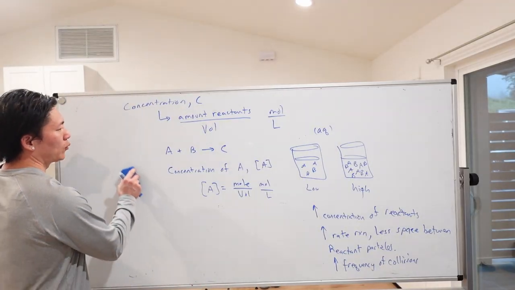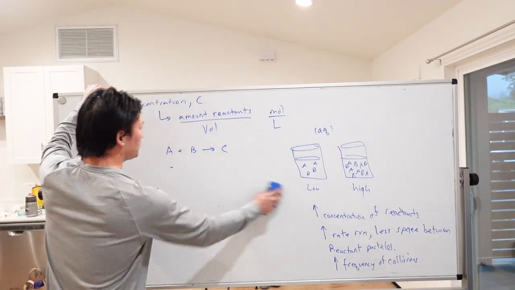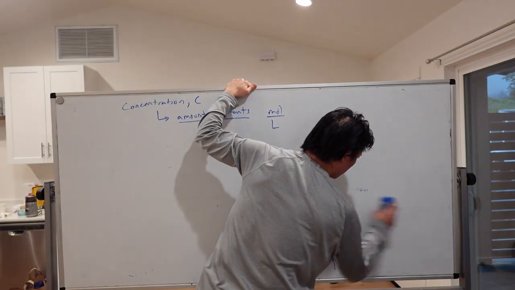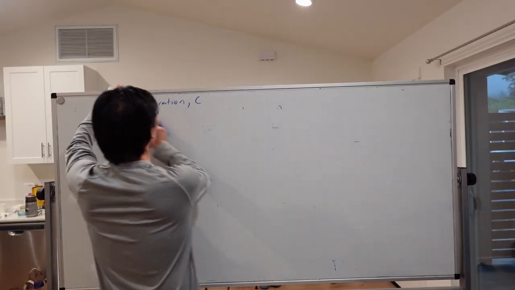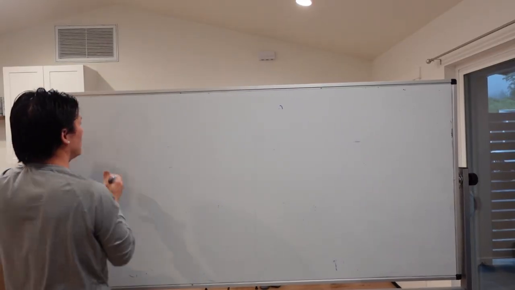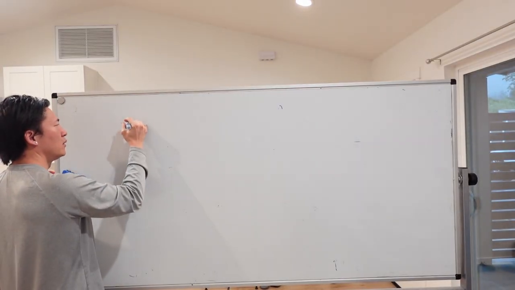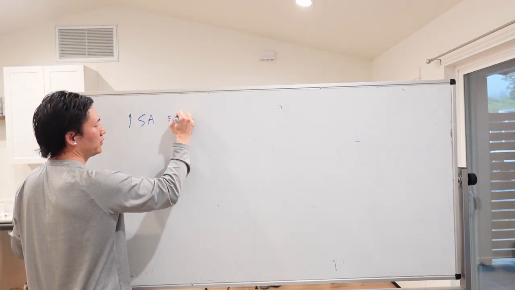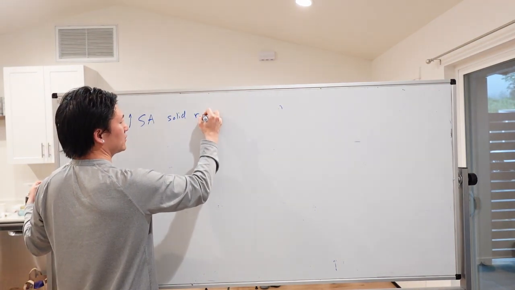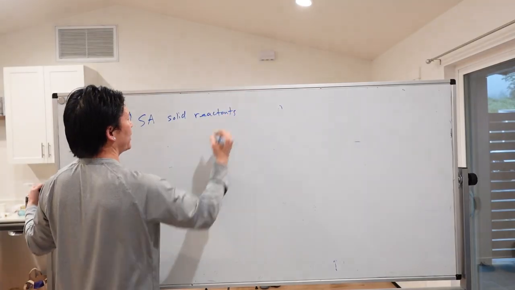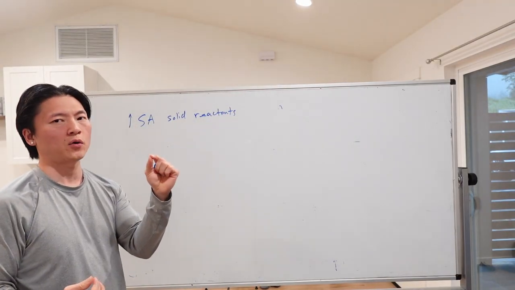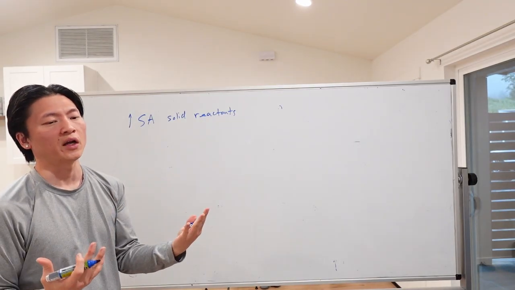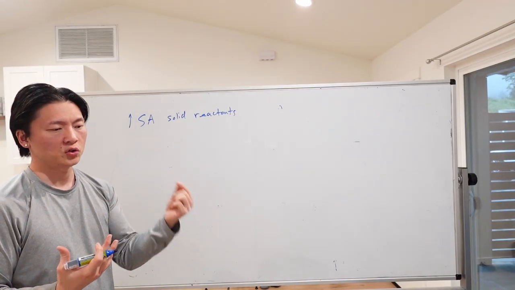So let me write all these three down real quick. The first one was increasing surface area. This only applies for solid reactants, okay? Because you cannot have a surface area of a gas particle or a molecule. They don't have surface area because they're so small.